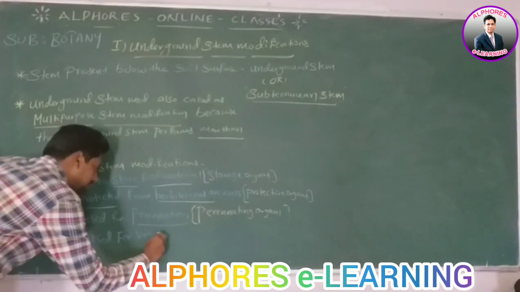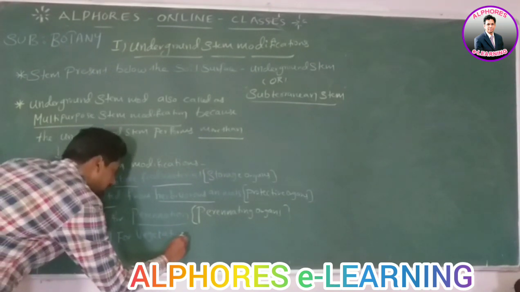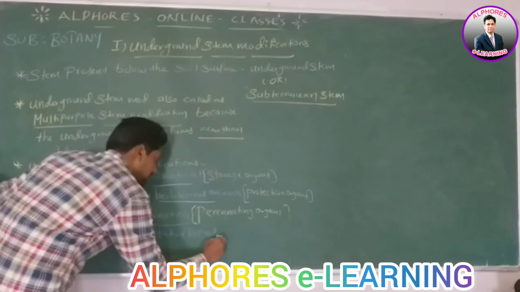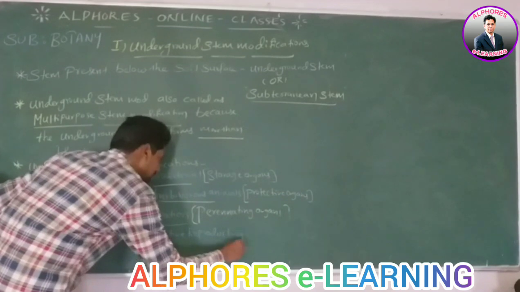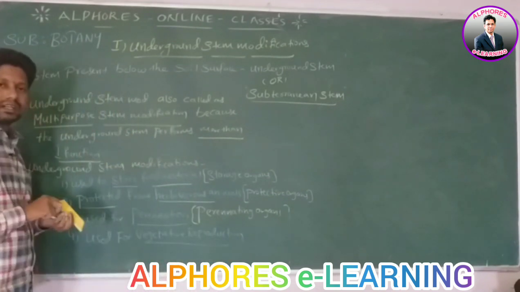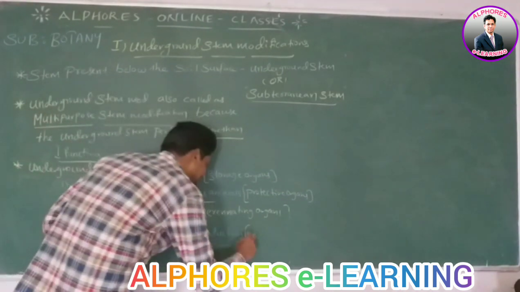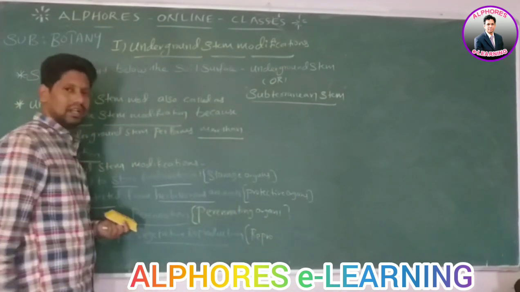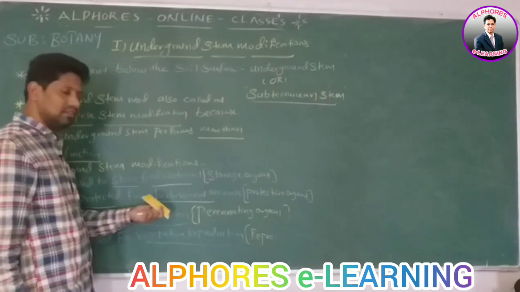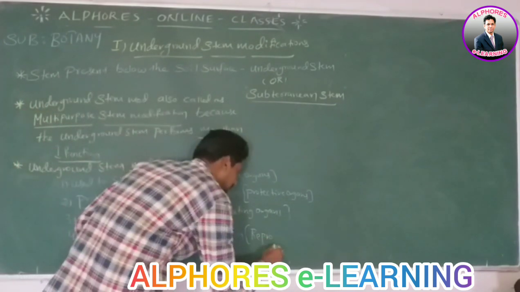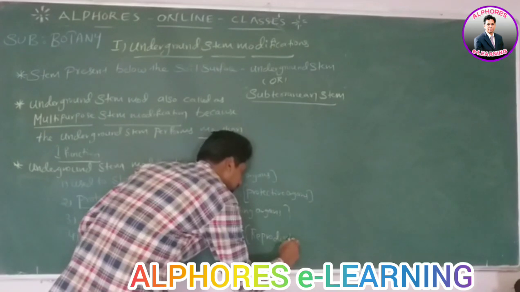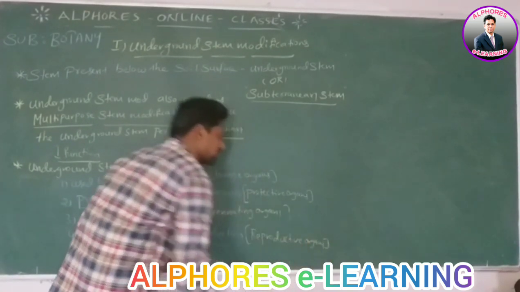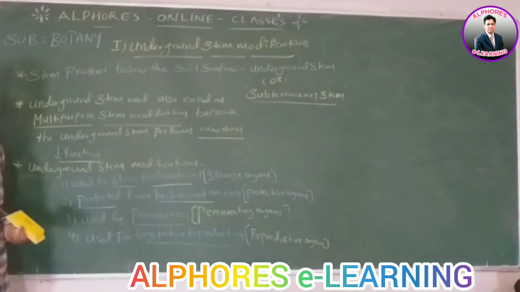It means underground stem modifications even act as reproductive organs. Yes or no? Because they are used for vegetative reproduction, which is also called vegetative propagation.